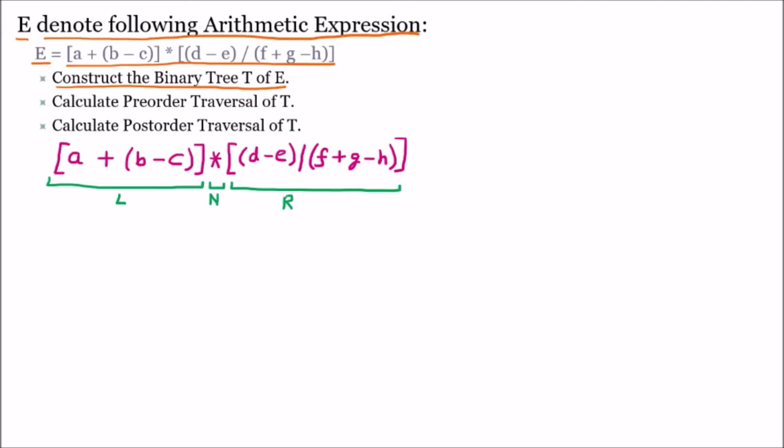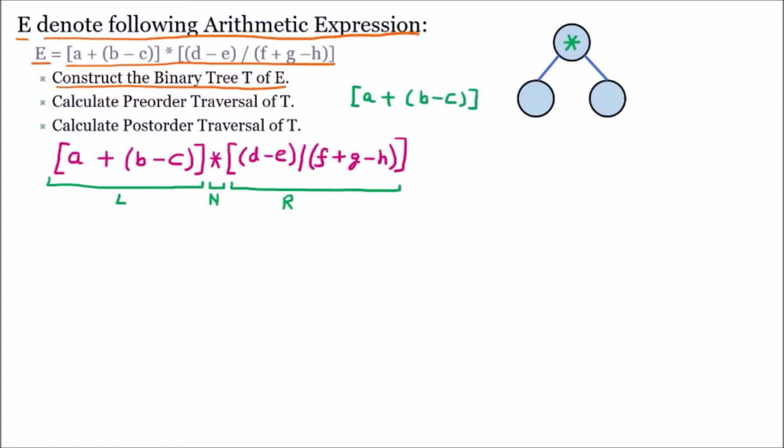With the help of that, first of all, we start constructing the binary tree. So now we have constructed the three nodes. Here we know that star is the exact place, so we are putting star as the parent. Now on the left hand side of this tree we have A plus, bracket, B minus C, bracket close.